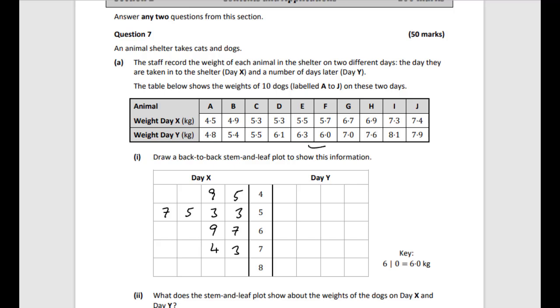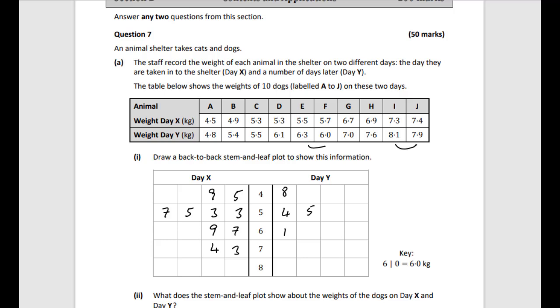Okay, so these two here are not in order. We just got to be a little bit careful there. Switch those around. 7.0, 7.6, 8.1. Okay, we've got to switch these two around as well. Okay, so we've got 4.8, 5.4, 5.5, 6.1.